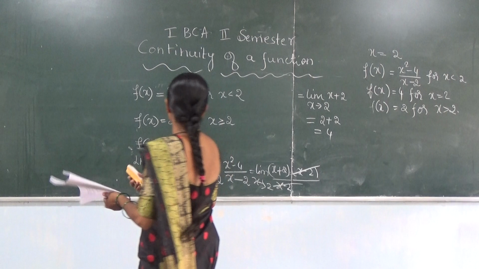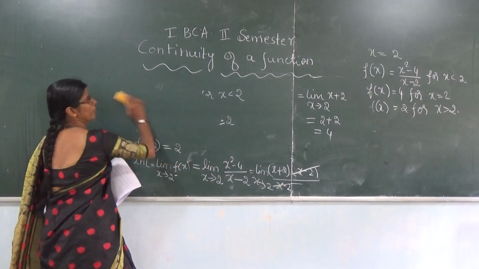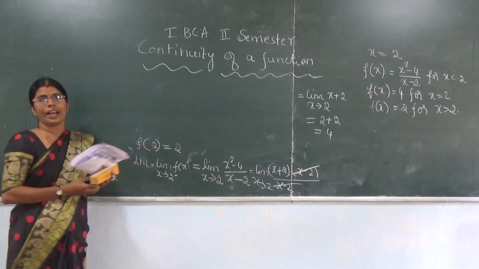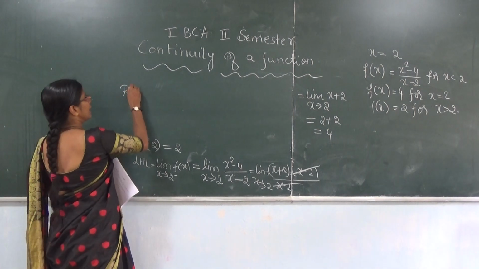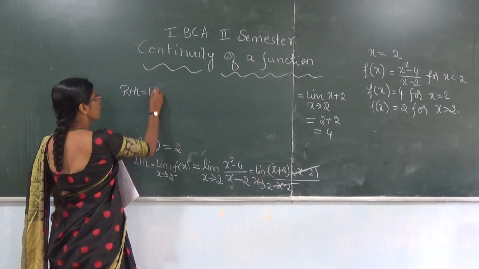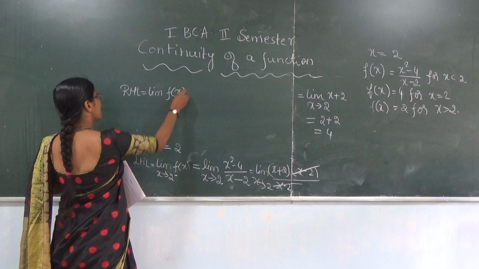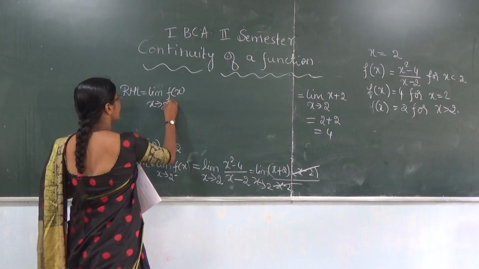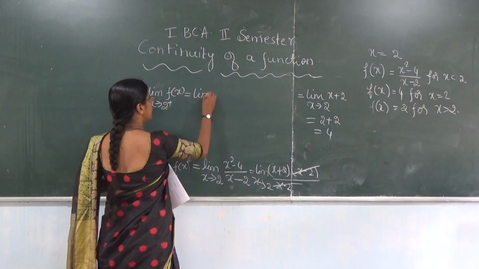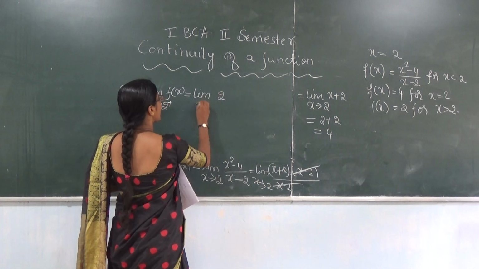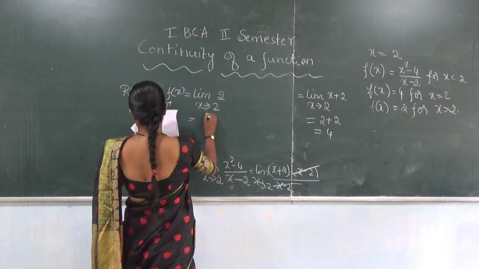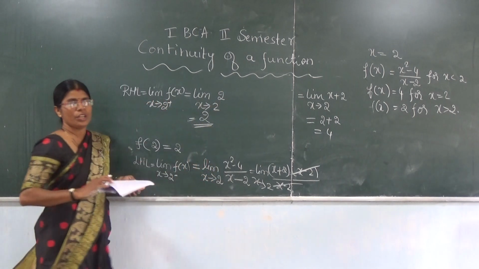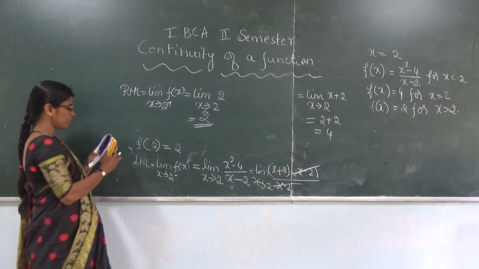Next you have to consider the right hand limit. That is limit of f of x as x tends to 2 plus, that is equal to limit of 2 as x tends to 2, and that is equal to 2. So what we get?